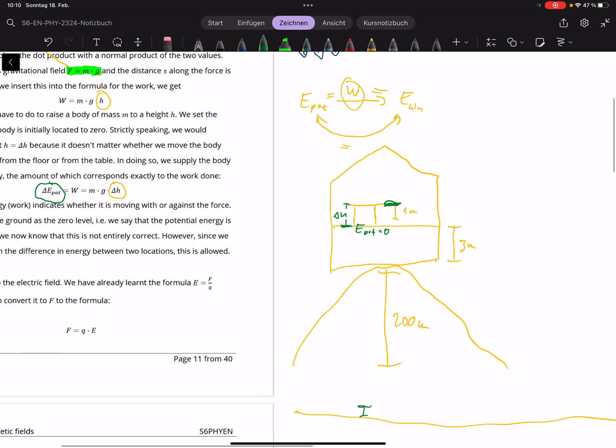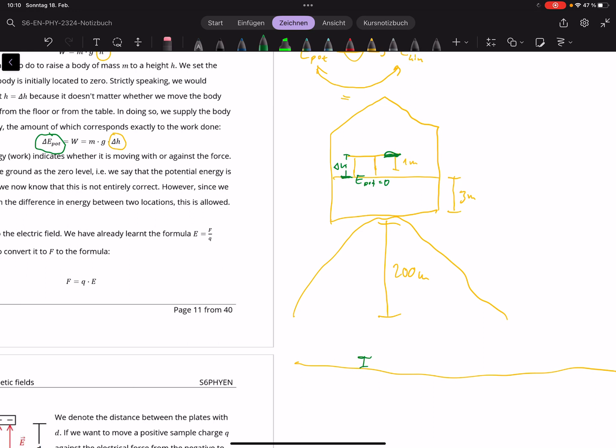Because we know that the potential energy is 0 just somewhere in infinity, in reality, in the gravitational field. So what we do here is the body has a certain potential energy here and a certain potential energy here. But since we say, okay, here we set the height as being 0, and here the height is 1 meter, then we have a difference in the potential energy, because work needs to be done.